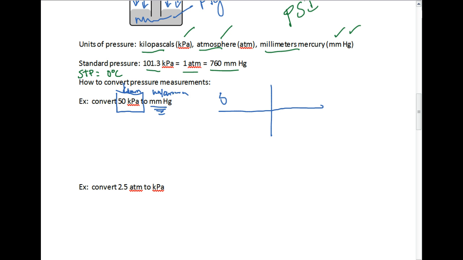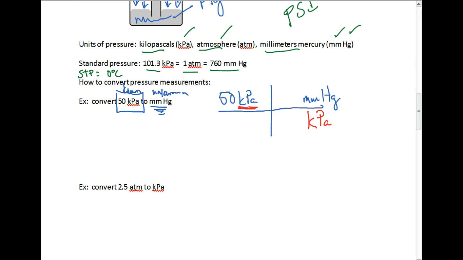We're going to put our known here, 50 kPa, and we're going to put our unknown here, millimeters of mercury. It should look familiar from a mole conversion or stoichiometry conversion. Then we take the unit that's listed right here that I'm underlining in red, and I'm going to rewrite that unit on the bottom, kPa, just like that.